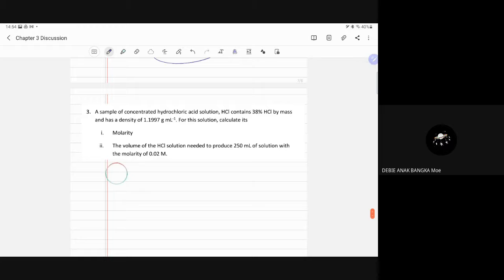Okay, so dia bagi tahu percentage by mass. Soalan ni dia bagi tahu percentage by mass 38% HCl. Okay. Kemudian dia bagi tahu density. Dia suruh cari molarity. So kita fokus yang 3.1 dulu. Okay.